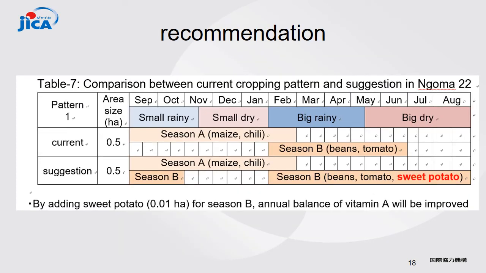Then, based on the output, we can consider slight modification in conventional cropping pattern, just adding sweet potato during season B, just small portion of the land, 0.01 hectare.